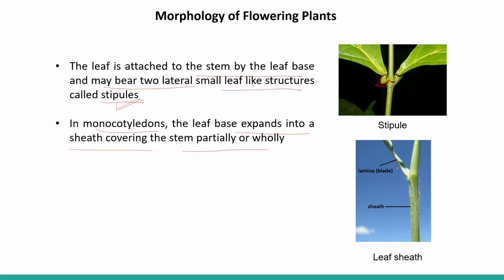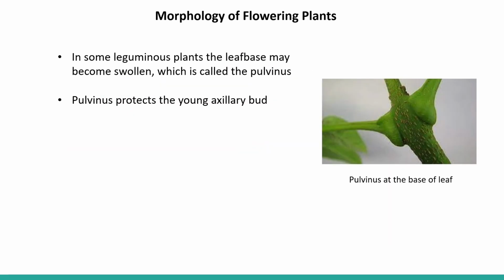Here you can see this leaf structure. This is the lamina, and in monocotyledons this sheath-like structure totally covers the stem like this. So the stipule and sheath structures are unique. They are not found in all plants, but in some plants they are present.